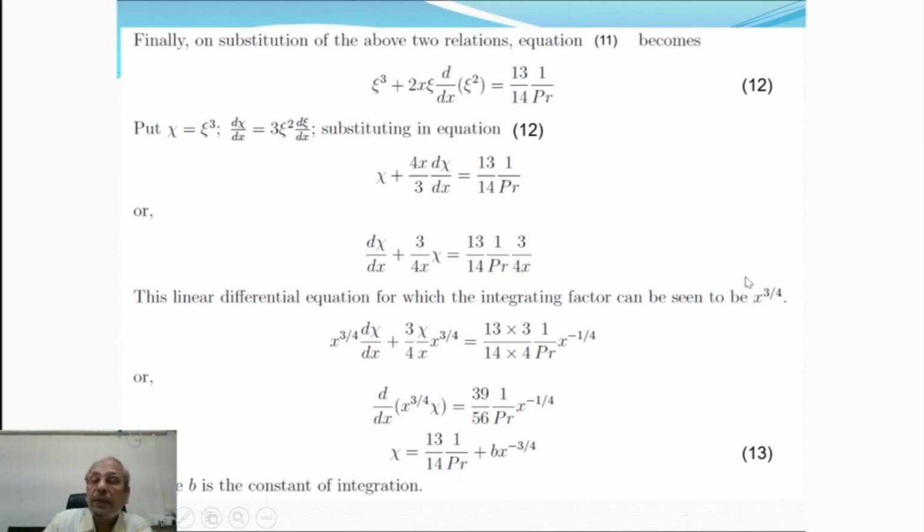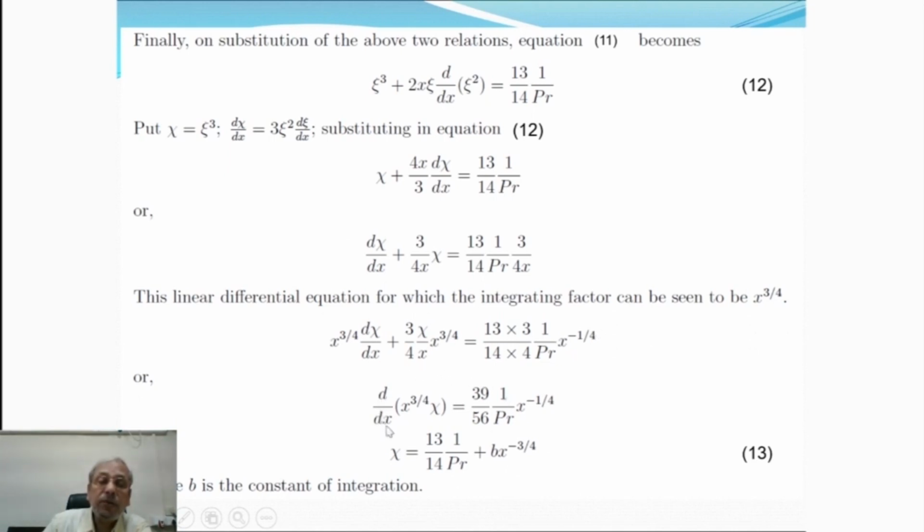So with the integrating factor, we multiply this equation: x^(3/4) dχ/dx plus 3/(4x) into χ x^(3/4) equal to 13/14 1/Prandtl number 3/4 into x^(3/4), and we had x in the denominator, that will make x to the power minus 1/4.